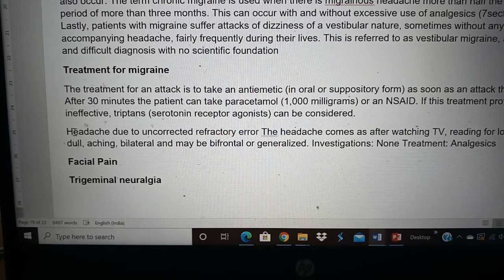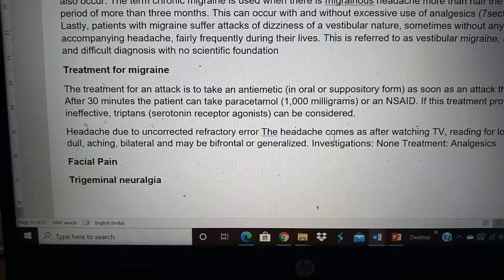And headache can also occur due to causes other than migraine, other than subarachnoid hemorrhage and other than increased intracranial pressure. The headache can be due to uncorrected refractive errors. When there are problems in the eye, the person can have headache.